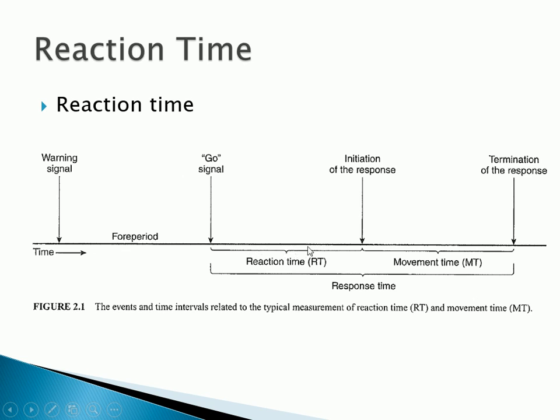My reaction time there is from the time of the go signal until I initiate my response. The first start of a movement is the initiation of a response. Sometimes we'll try a really simple reaction time task in one of our labs, where you watch a computer screen, the screen changes colors, and then you push a button.